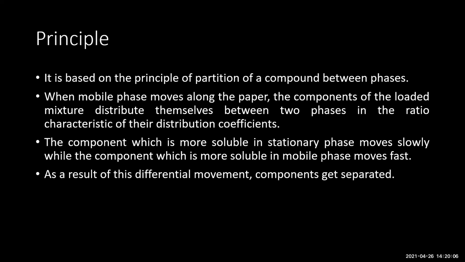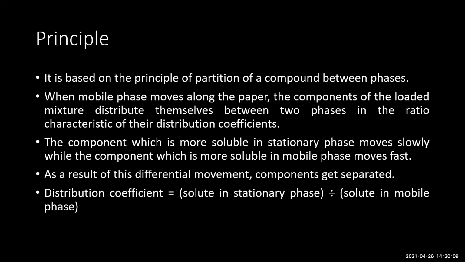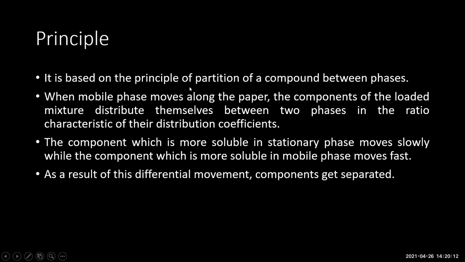Components get separated. Okay, so what is the principle here? Basically, the overall principle is partition of a compound between different phases. So what are the different phases here? Stationary phase and mobile phase. The mobile phase is liquid, the stationary phase is solid. The sample that we have to separate will be loaded onto the mobile phase. When this mobile phase passes over our stationary phase, the components present in the mixture distribute themselves either in the mobile phase or in the stationary phase in the ratio based on their distribution coefficient.